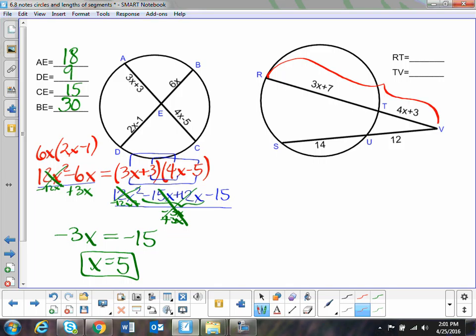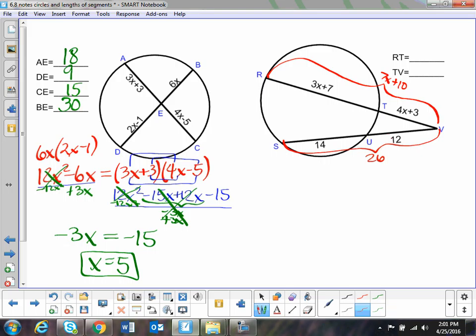So what is the length of RV? 7x plus 10. So write that down. And then what other one do I want you to write down? SB. What's SB? 26. When you write those two down, then it hopefully will help you remember the formula.